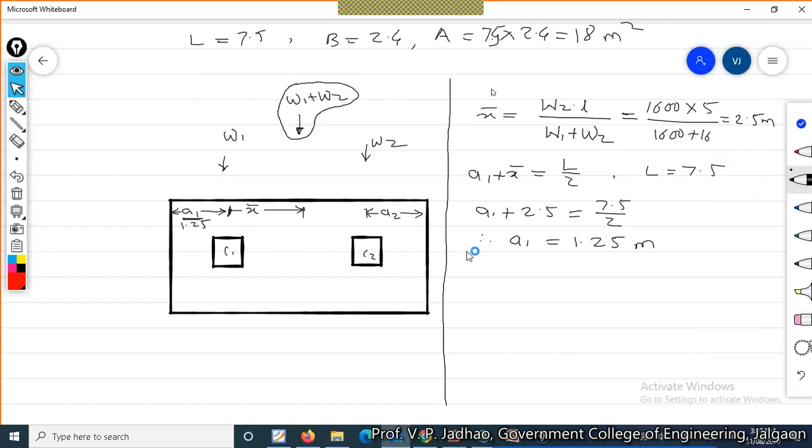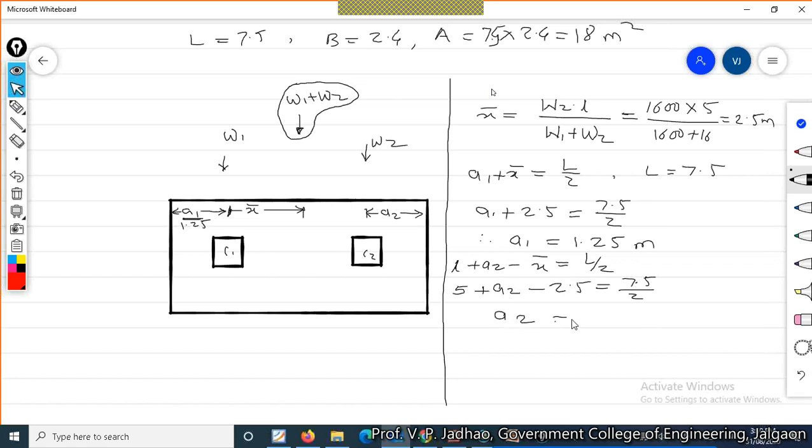Now we have another equation: small l plus A2 minus x bar is equal to L by 2. Put all the values in this equation. We have small l is equal to 5 meter, plus we don't know the value of A2, so write A2, minus x bar. We have x bar is equal to 2.5 meter, and L by 2 is 7.5 divided by 2. Therefore, we can calculate the value of A2 from this equation.